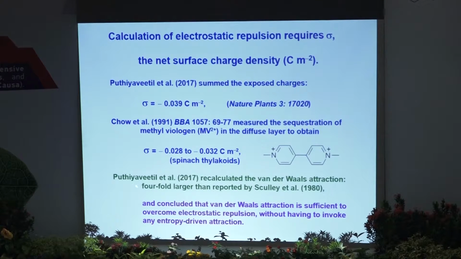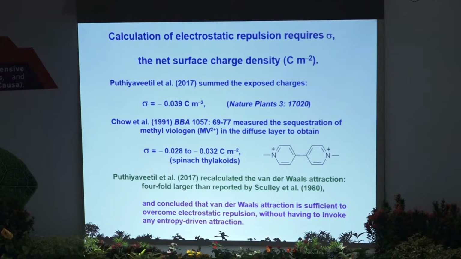And the group in Pullman recalculated the van der Waals force of attraction as well. And they found, encouragingly, that the recalculated attraction is now 4-fold larger than was previously reported by Scully and others from Canberra.